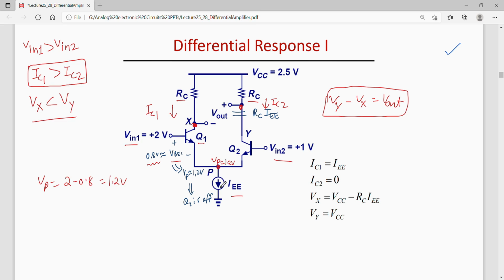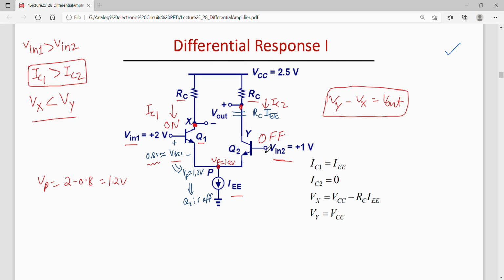Now when VP is 1.2 volts and in transistor 2 we see Vin2 at the base is 1 volt, here VBE is minus 0.2 volts. So this transistor will be off. This is on, but this transistor will be off.